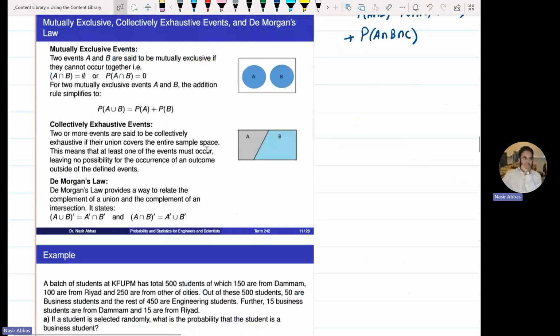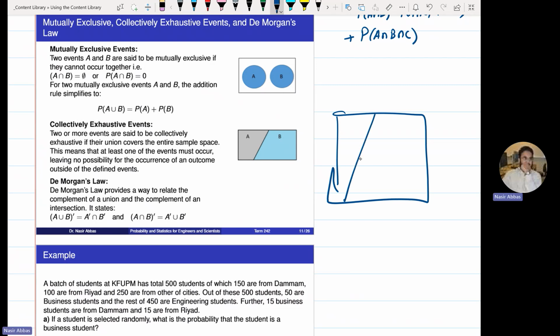The second definition that we use is exhaustive events, collectively exhaustive events. Two or more than two events are called exhaustive events if you take the union of them and you get the whole space. In the second diagram, if I join A and B, what do I get? The whole space. So if you have two or more than two events, like in this example, I have this and this.